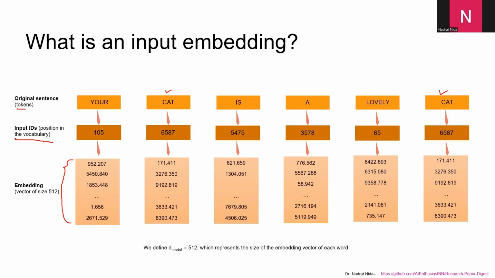So this ID is converted into an embedding, and these are the learnable parameters of your model. It will assign a representation of 512 vector size. So the D model is basically 512, like the length of this embedding is 512 for each word.